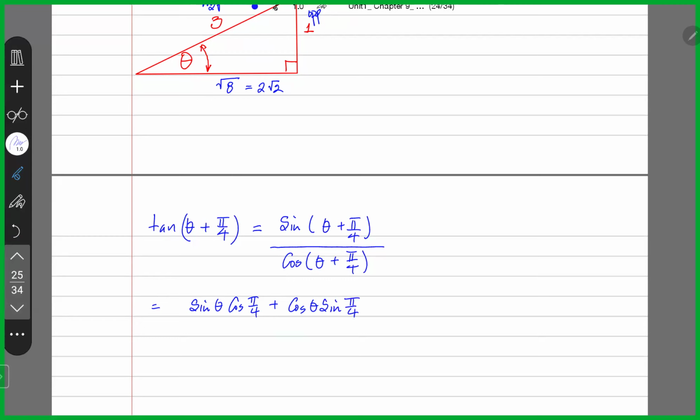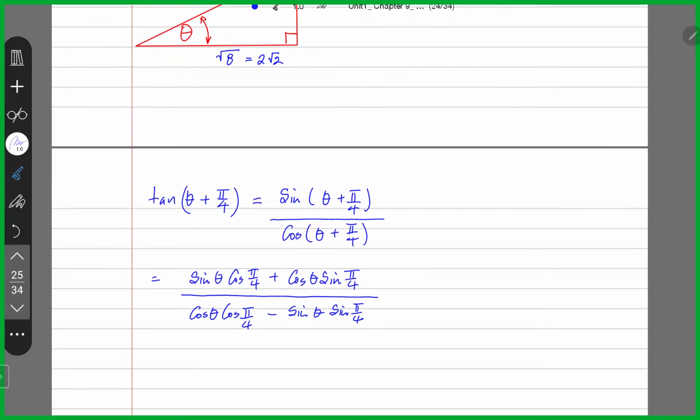And this is over, again using our compound angle formula, the cosine of theta, the cosine of pi by 4, minus the sine of theta, the sine of pi by 4.